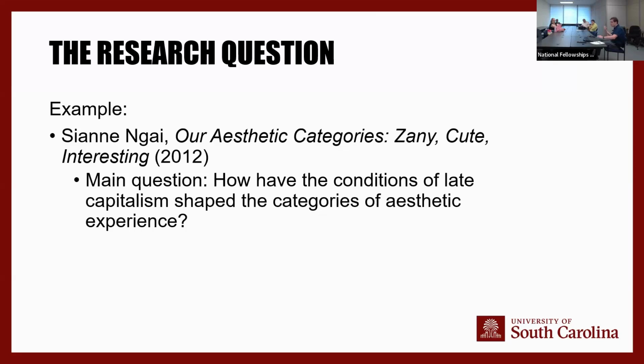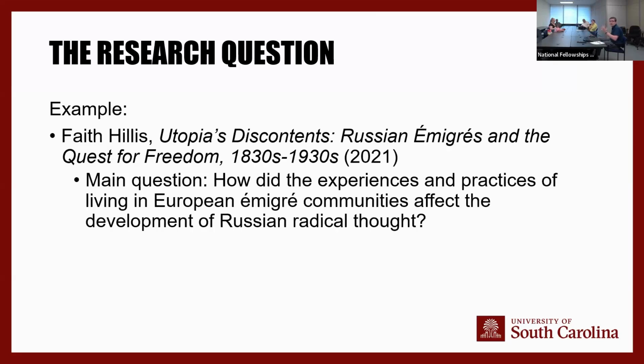To use another example from my field, which is Russian history, Faith Hillis's Utopia's Discontents. It's a book that focuses on Russian radical thinkers and emigre communities throughout Europe, mostly in the 19th century, and how the practices of daily life in those communities, she argues, helped shape their thoughts and ultimately helped influence the direction of Russian and Soviet history.